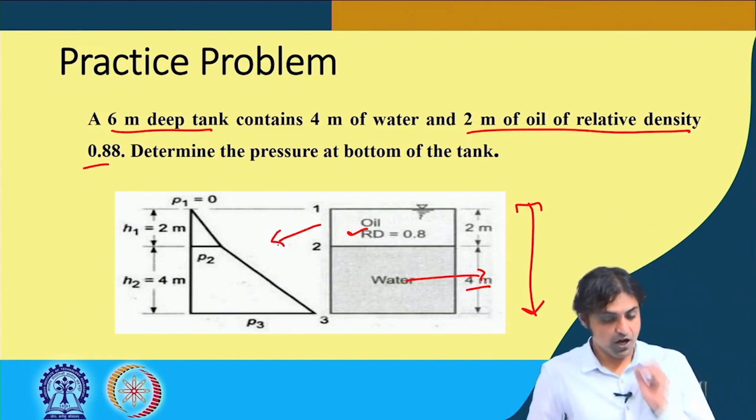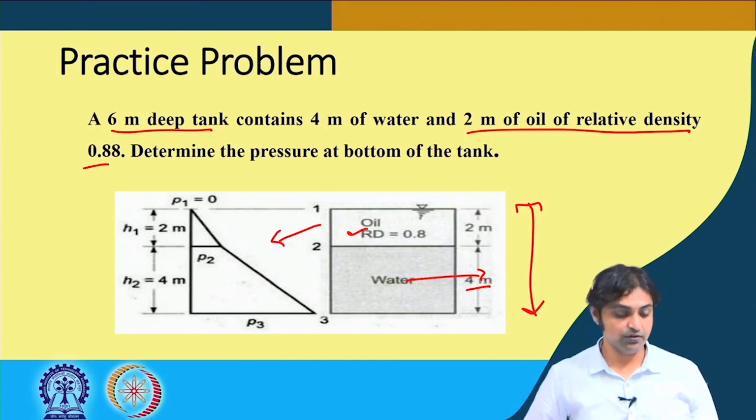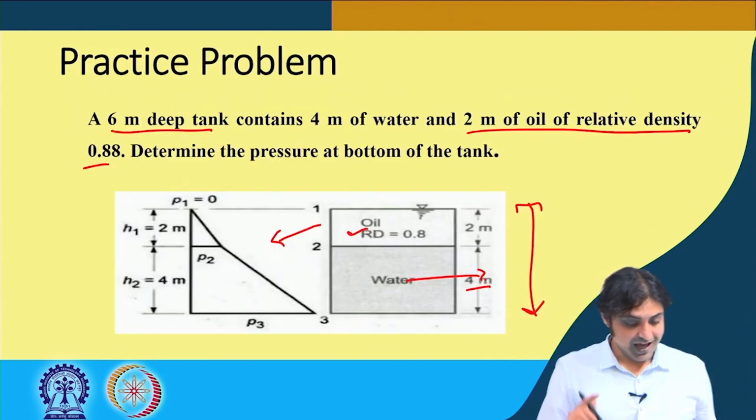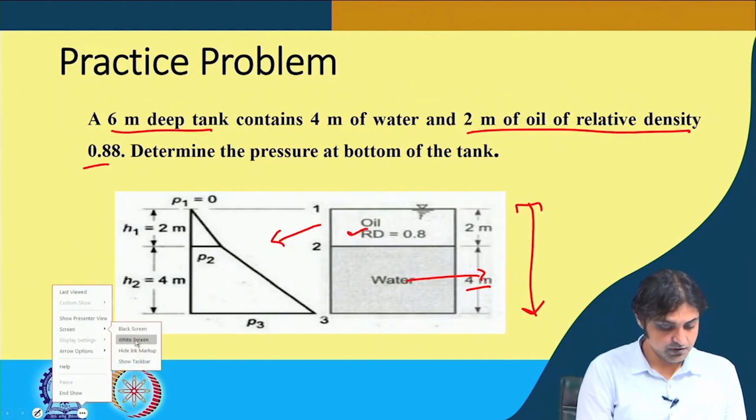This is a question that people generally do before engineering starts, or you must also have done it in your fluid mechanics class. Now we are going to approach this, and as always I am going to use a white screen. We have already seen this equation, so I will just draw the pressure prism, though I should not call it a pressure prism.